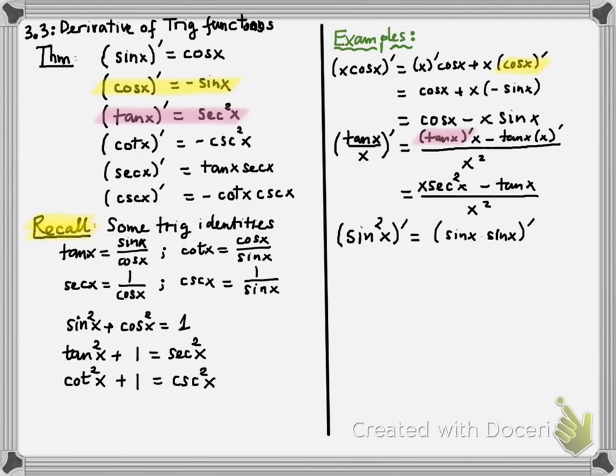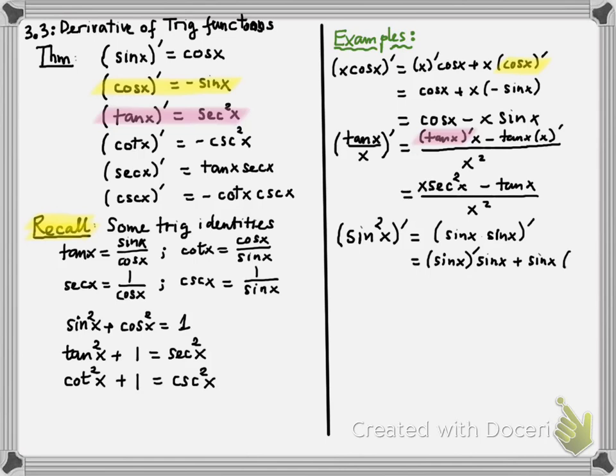And then the next example is sine squared of x. This is a little bit more tricky. Later on we will learn chain rule, which is another way to compute this derivative. But with what we have known so far, we can also compute it, because sine squared can be written as sine of x times sine of x, and then we can use product rule again, because we have 2 functions multiplied to each other.